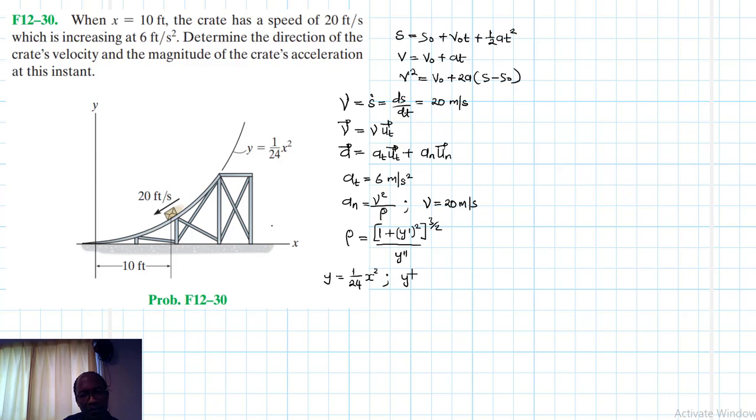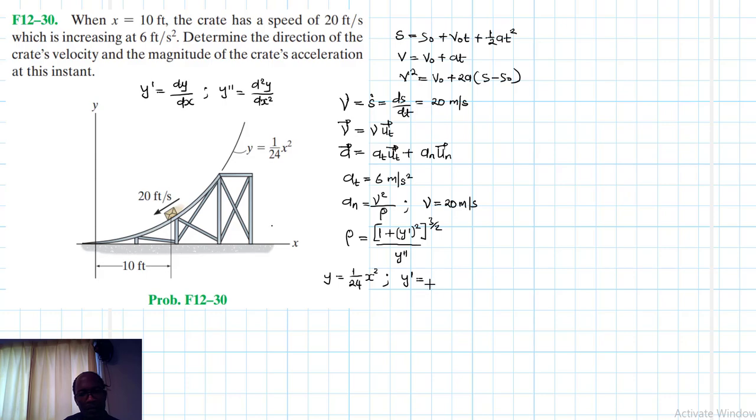Therefore, y prime, which is the first derivative, simply means dy/dx. And then y double prime means a double derivative, so you work out the derivative twice.